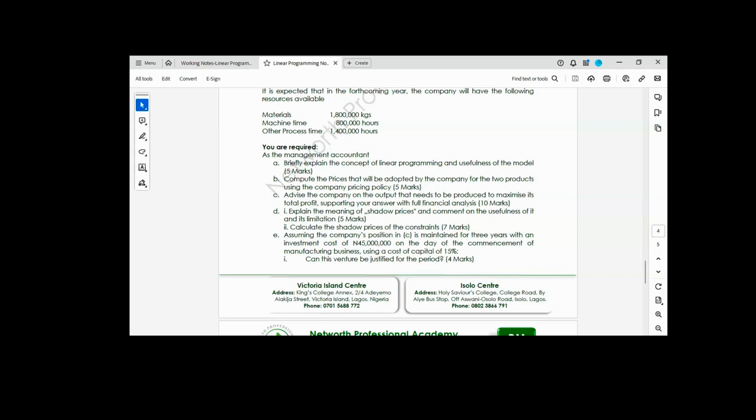We can also say margin of safety is a ratio. Let me show you so that you can be reading through what I'm saying. Like I said, when you want to calculate margin of safety, the budgeted sales will be given to you in the question. But this break-even point of sales, you are the one that will determine it.